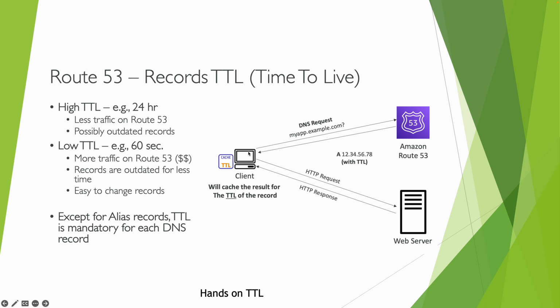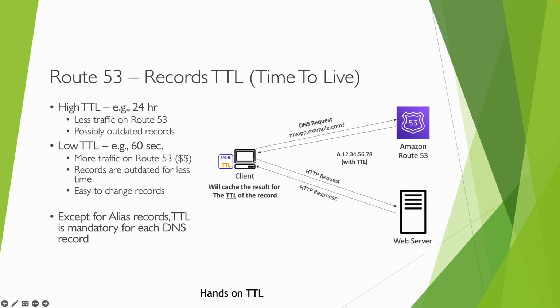When I request from the client for myapp.example.com, the Route 53 hosted zone says okay, it is mapped to 12.34.56.78, and the TTL is 300 seconds. For these 300 seconds, that information, myapp.example.com and this IP, these two are bound, and this information will be kept in the cache server.